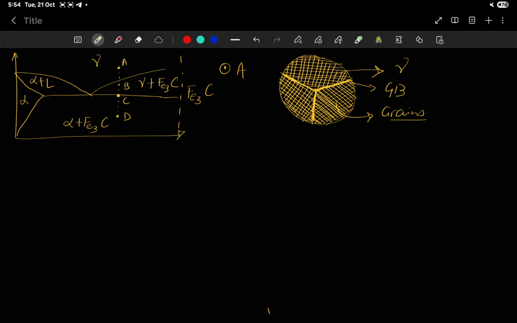Okay, now let's look into point B. Just draw this circle. Point B is present in the two-phase region.